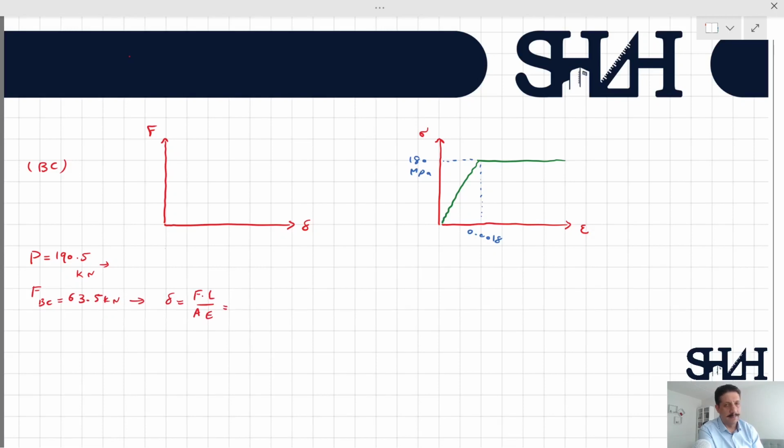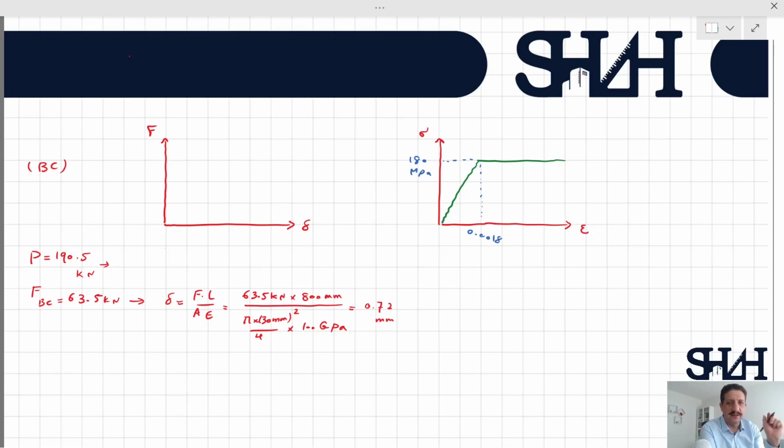Still we are in the elastic phase: 63.5 kilonewton times 800 millimeter divided by pi times 30 millimeter to the power of 2 divided by 4 times 100 gigapascal, which is 0.72 millimeter. This should be exactly the same because we applied this compatibility equation to the system. So it should be exactly the same value.